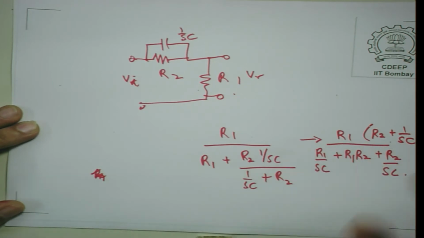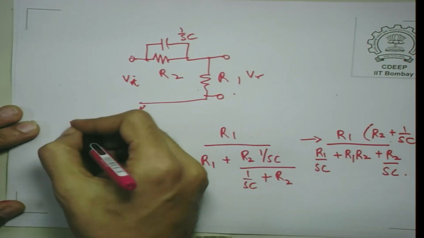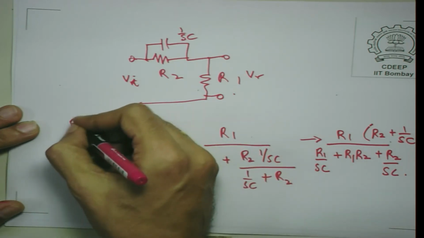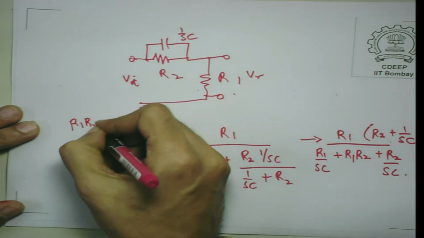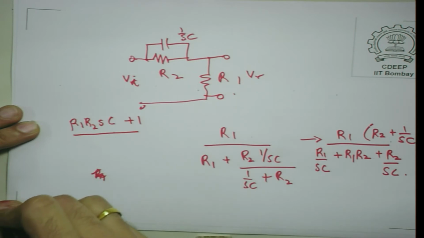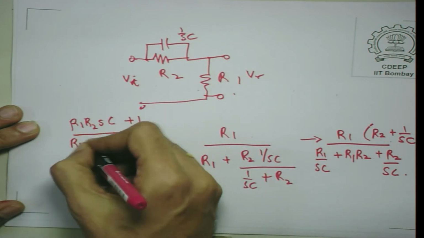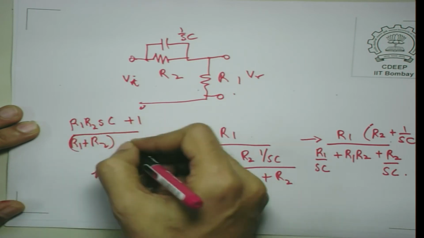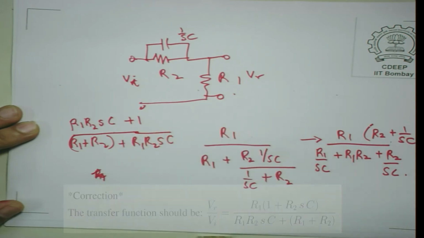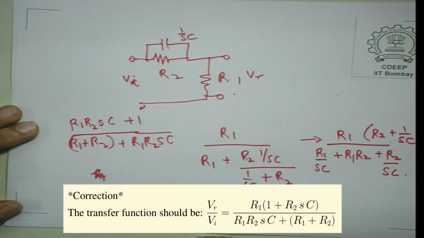So, this is essentially what we get. You will find that this has a transfer function which looks like R1 R2 SC plus 1, that SC will get cancelled off, and you will get R1 plus R2 plus R1 R2 SC. I hope this is okay, which you can verify.